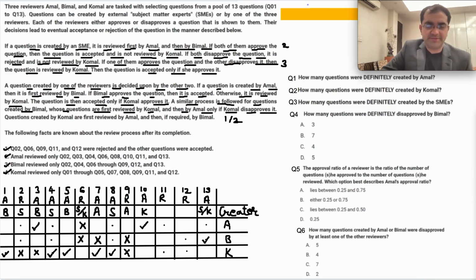Done. ठीक है. Now we come to R. Obviously R is obvious. B, the question got, question 11, it got rejected. B made the question. Oh, we're looking at question 12 first.